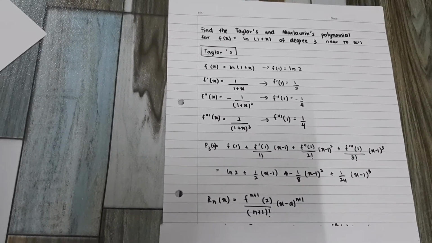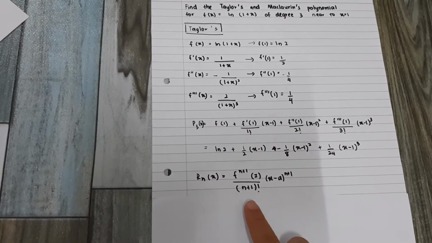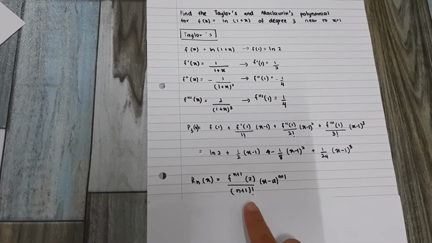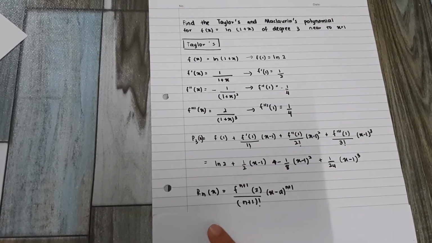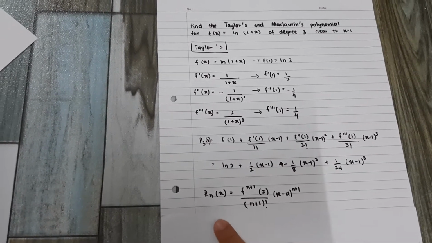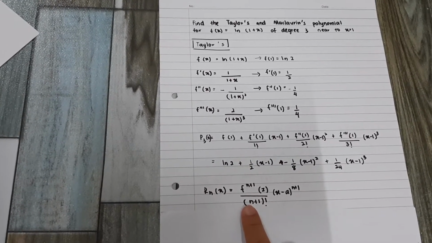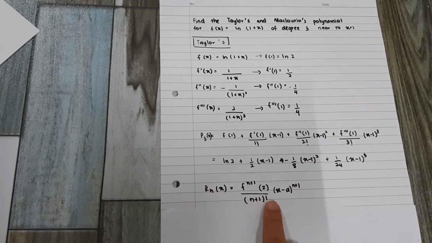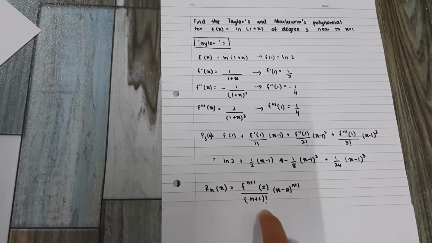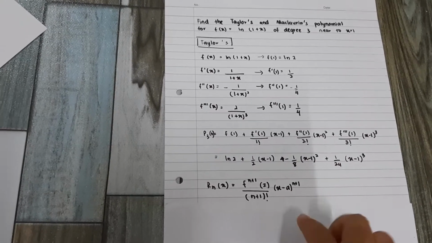And for the remainder, we use the general formula of the remainder of the Taylor polynomial, where Rn of x, the remainder or error, is equal to f power of n plus 1 of z divided by (n plus 1) factorial times (x minus a) power of n plus 1.